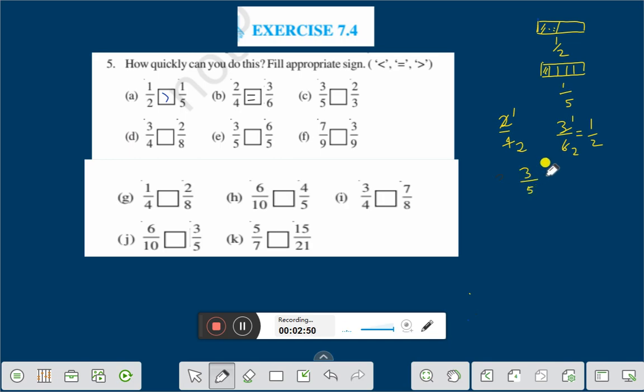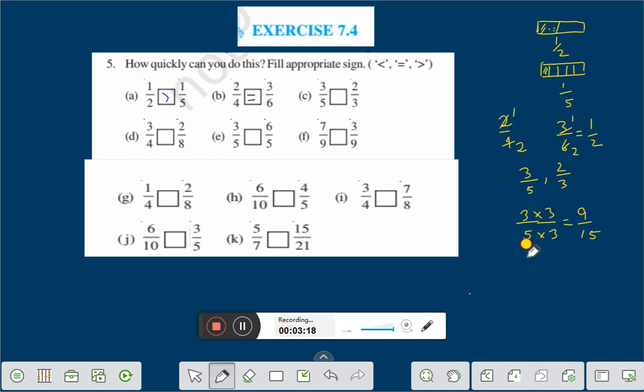Here you find the LCM of 5 and 3, that is 15. Therefore, for 3 by 5, you multiply 5 with 3, and you multiply the numerator 3 with 3 also. Then you get 3 threes are 9 by 15.